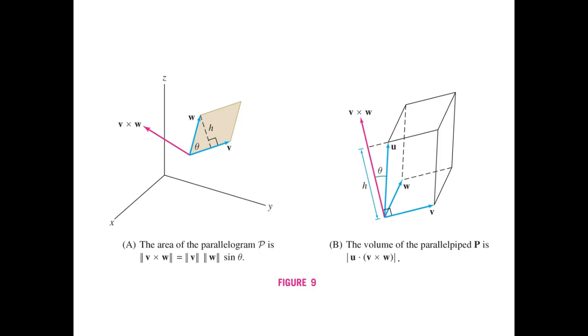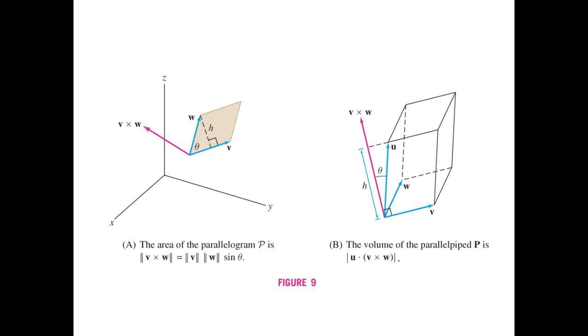If you were to draw the parallel vector here, here, and back here to v, a parallel vector here for u, and a parallel vector for w here, then you make a figure they call a parallelepiped. Where is the parallel coming from?